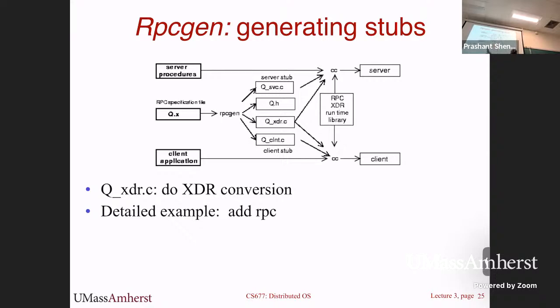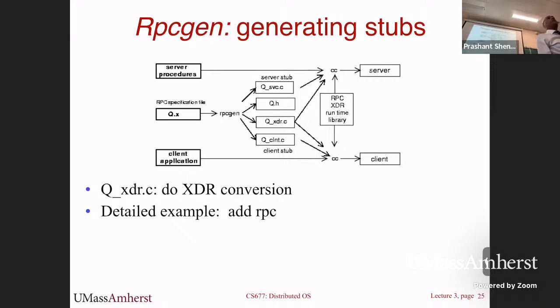It's just C or C++ code if you're using C or C++ to do this. So you take that code and compile it with the application, and you get your actual binary. And the same thing, there's a server stub. You take the server code and this auto-generated code and create a binary. And then you can just run the two, and it will do whatever we've been discussing. That's your workflow.